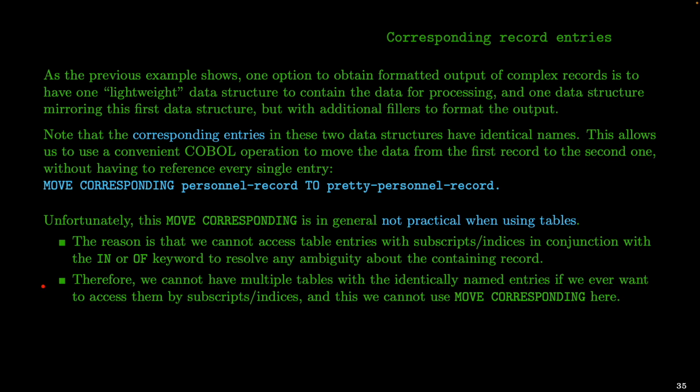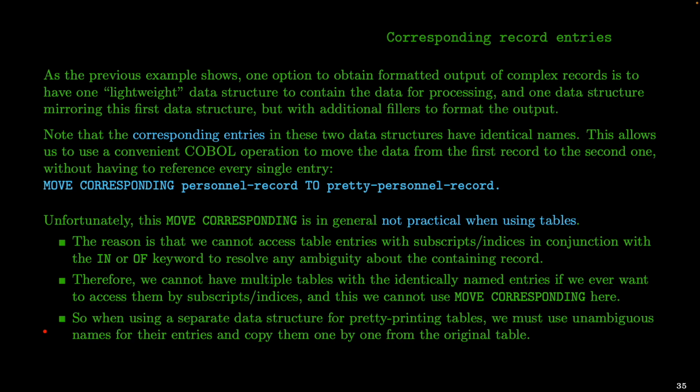Therefore, we cannot have multiple tables with identically named entries if we ever want to access them by subscripts or indices. So we cannot use MOVE CORRESPONDING here. When we have a separate data structure for pretty printing tables, we must use unambiguous names for the entries and copy them one by one from the original table, unfortunately.